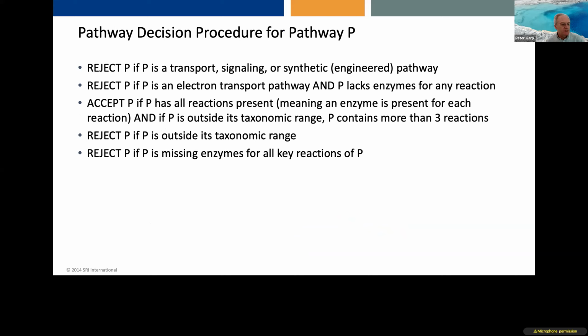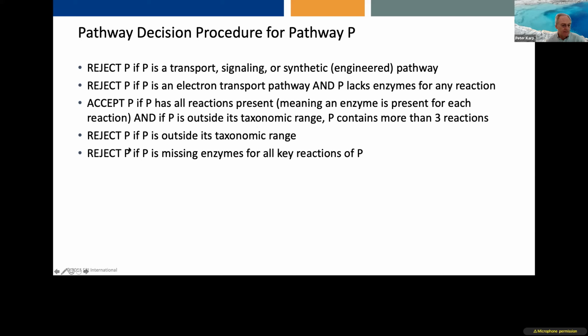And finally, once the score is computed, we then use the following rules to actually decide if we accept or reject the pathway. I'm not going to read through every one of these, but for example, there are some types of pathways that we just don't perform prediction for. So if the pathway is, say, a transport pathway or a metabolically engineered pathway, we're going to reject it. If the pathway has all its reactions present, we will accept it, even if it's outside its taxonomic range.